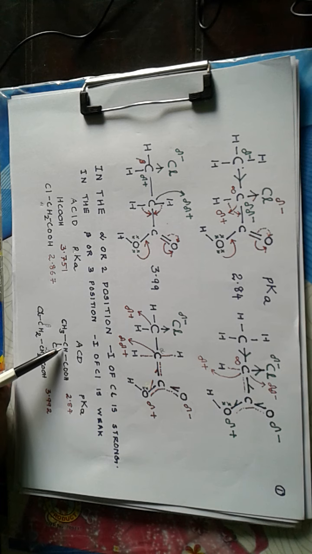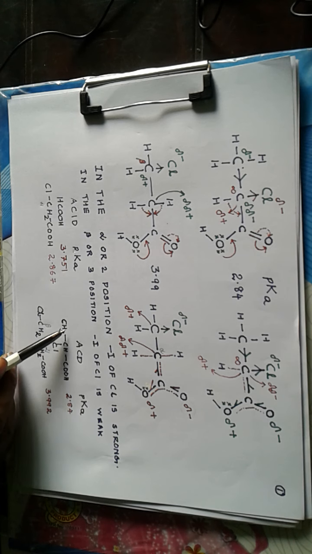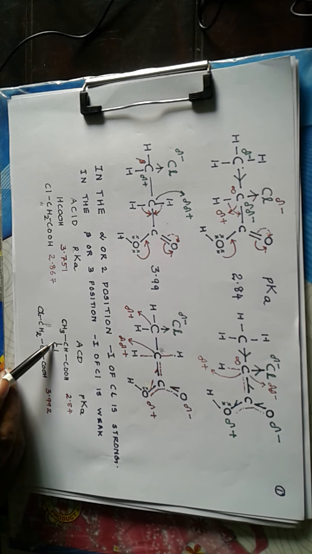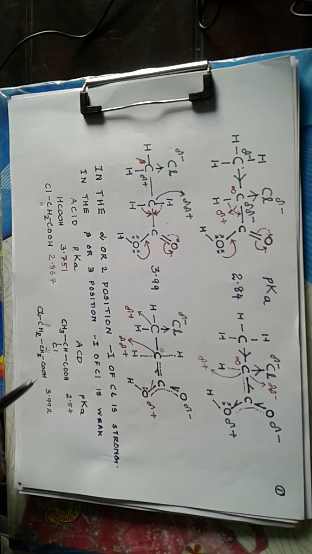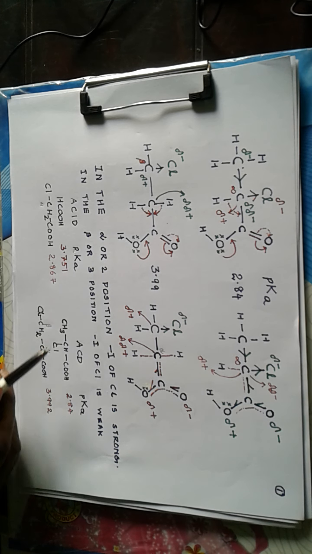When we come to alpha chloropropionic acid, the inductive effect of the methyl group is very small, neglected when we reach this carbon, and chlorine shows a strong minus effect. And again we should understand that chlorine is much more electronegative than carbon. Chlorine electronegativity is 3.2 and that of carbon is 2.5.